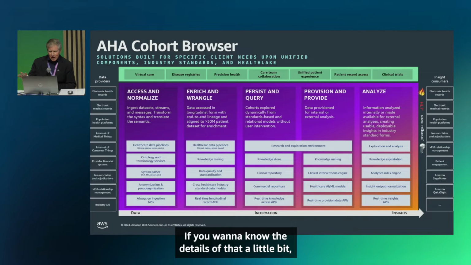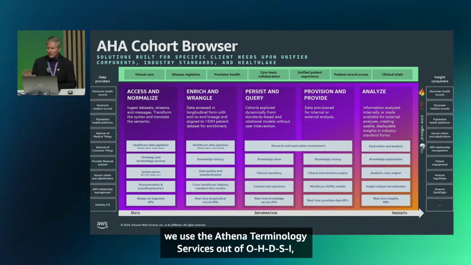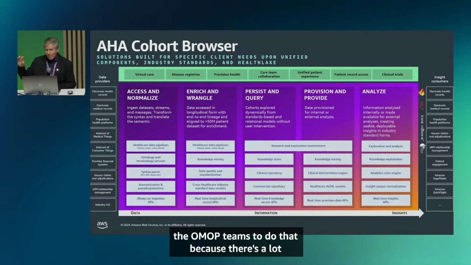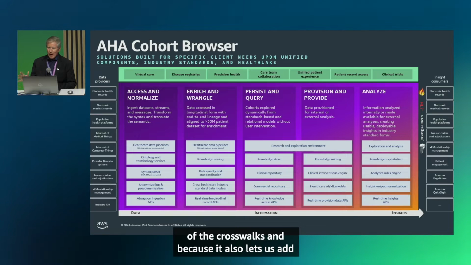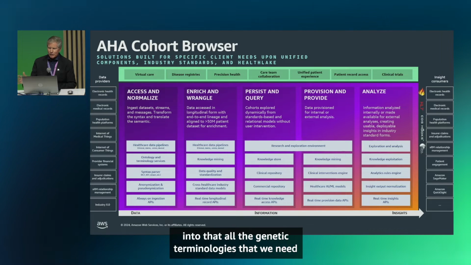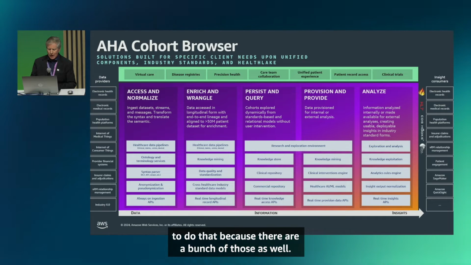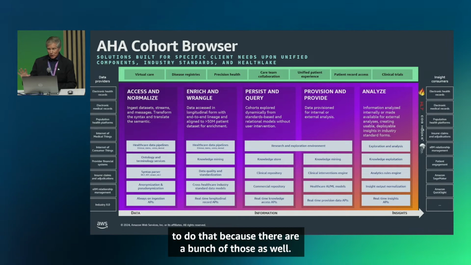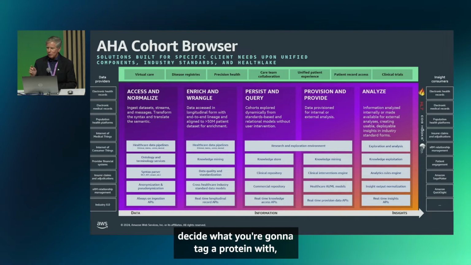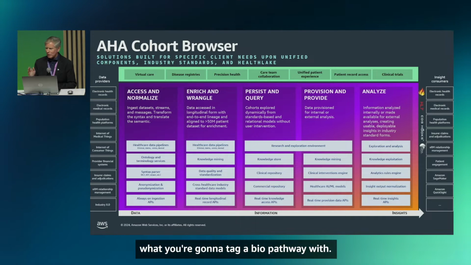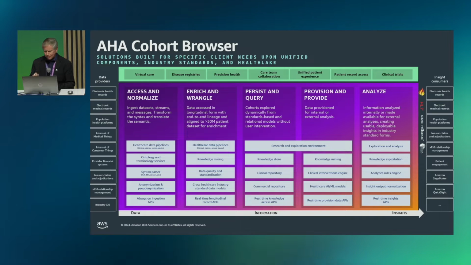If you want to know the details, we use the Athena terminology services out of OHDSI, the OMOP teams, because there's a lot of the crosswalks, and because it also lets us add into that all the genetic terminologies that we need, because there are a bunch of those as well, and you have to standardize those, decide what you're going to tag a protein with, what you're going to tag a gene with, what you're going to tag a biopathway with.